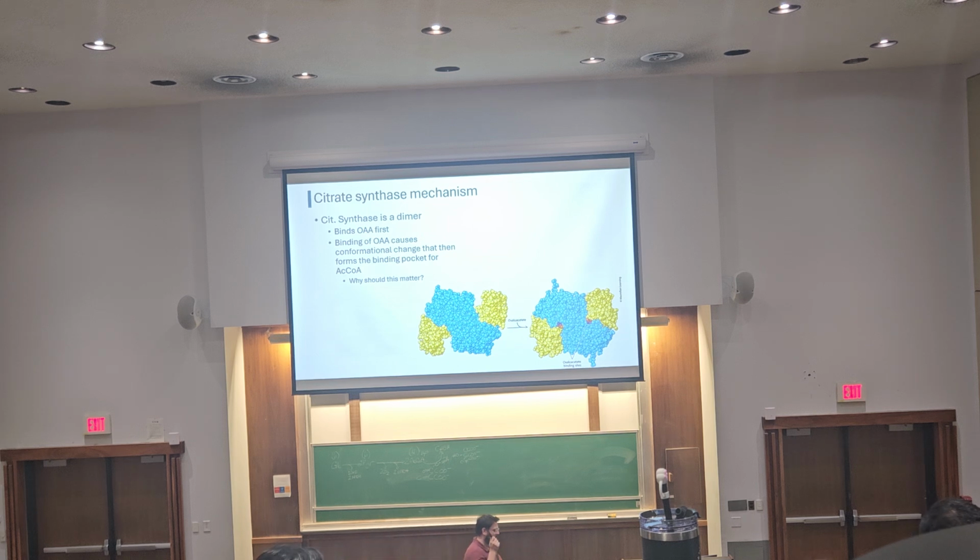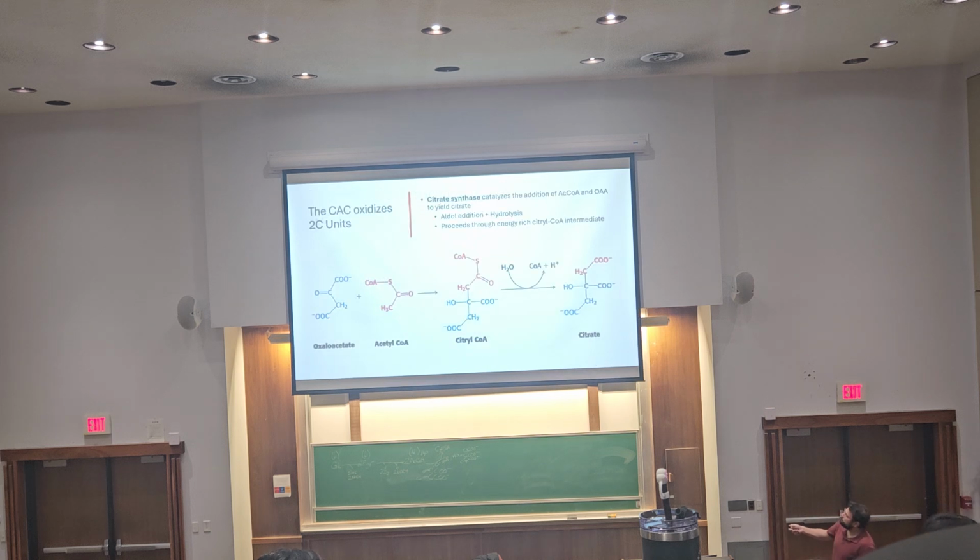Water, right. Because what would happen if we had water in the active site? What type of reaction would occur? Hydrolysis, right? Well, if acetyl-CoA binds and there's water in the active site and we get a hydrolysis reaction, what are our products going to be? Well, what's going to be hydrolyzed?